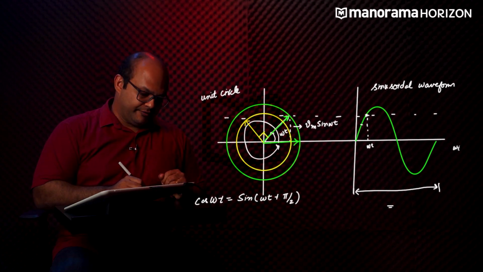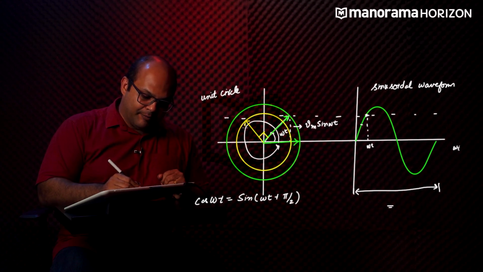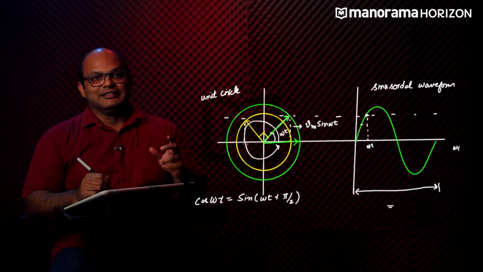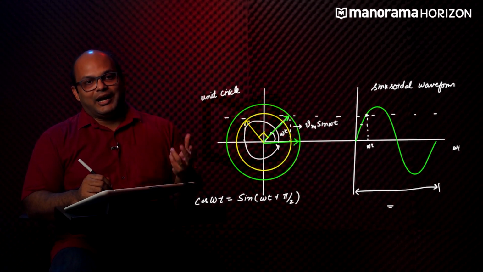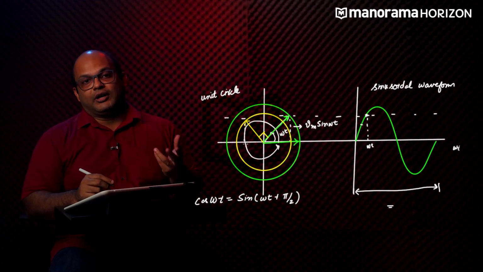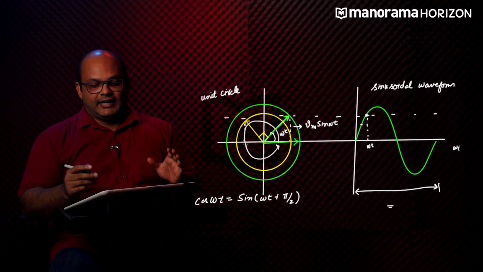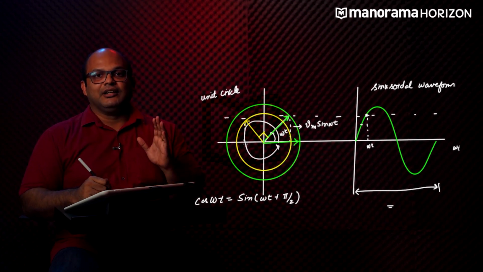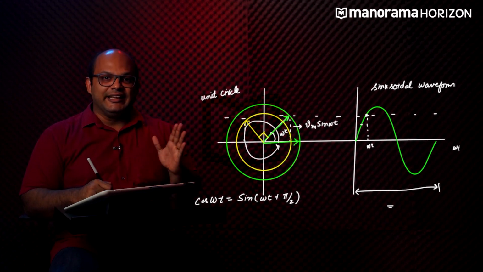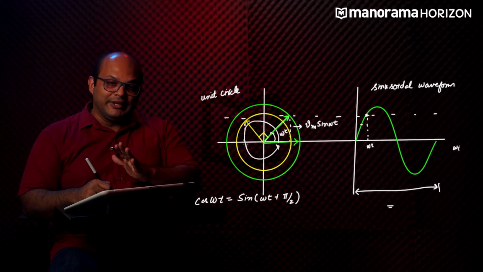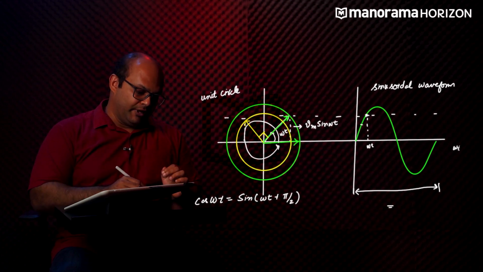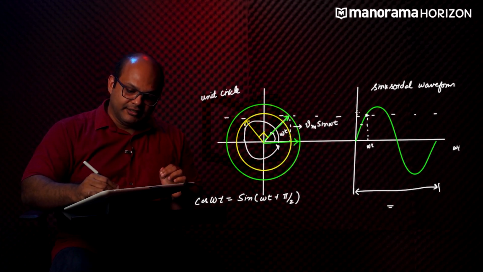So here we have the amplitude of the current in this system, which is given by Im cos omega t or Im sin omega t plus pi by 2. So we understand that in a capacitive circuit, the current waveform is leading the voltage waveform. It will be ahead of the voltage waveform. It will look something like this.